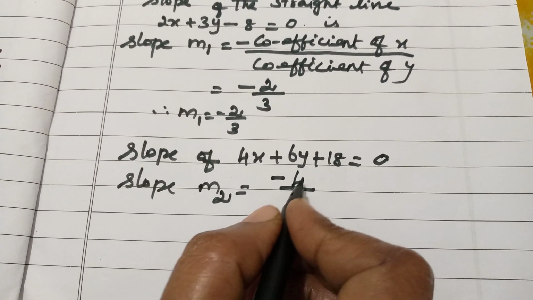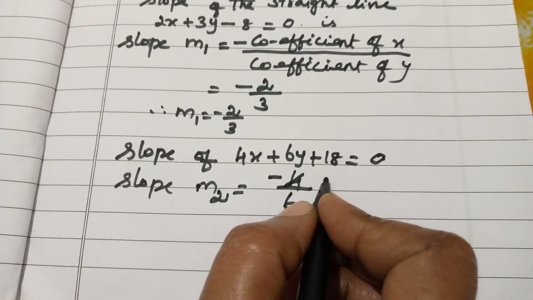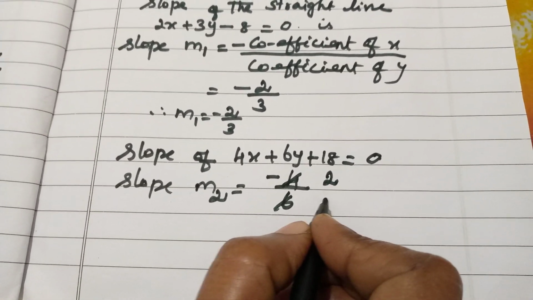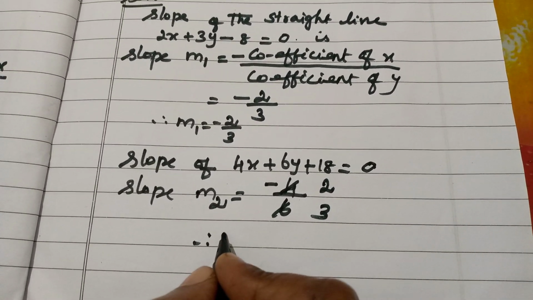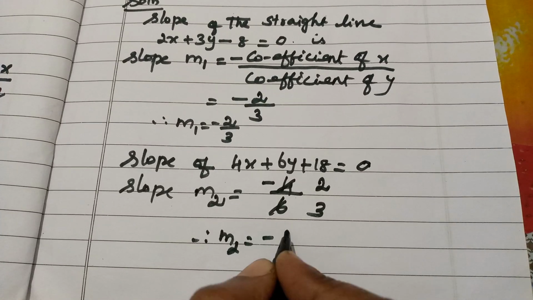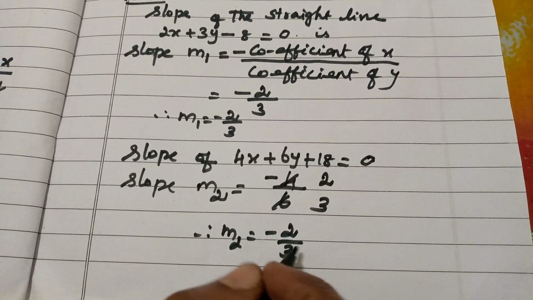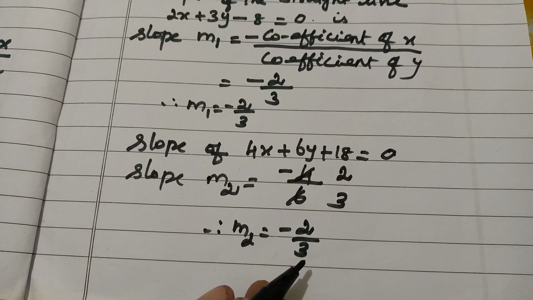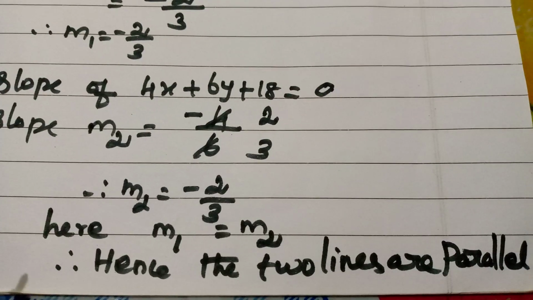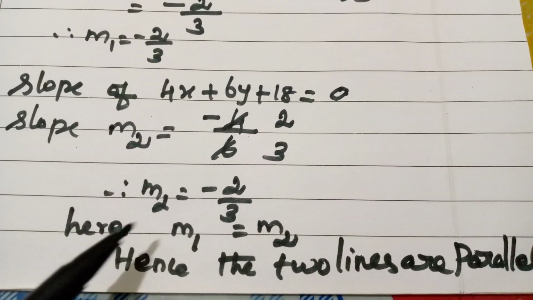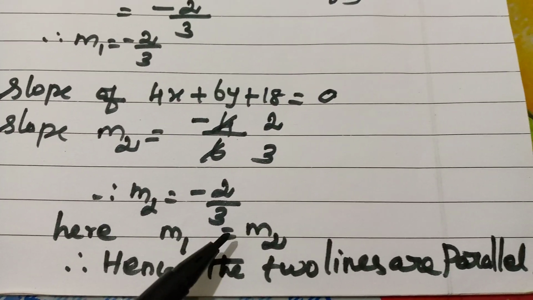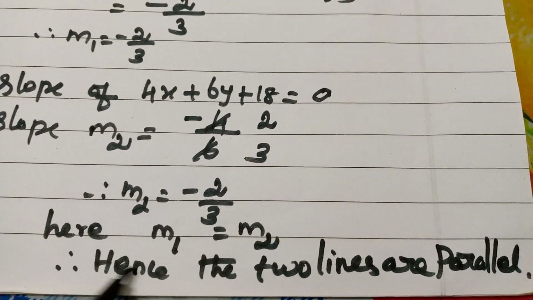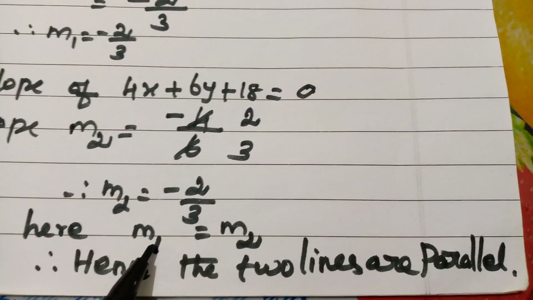Is it possible to cancel? Yes, that is 2 by 3. Therefore, m2 is equal to minus 2 by 3. What did you understand here? Both the slopes are equal. m1 and m2 are equal, so m1 equal to m2. Hence, the two lines are parallel.